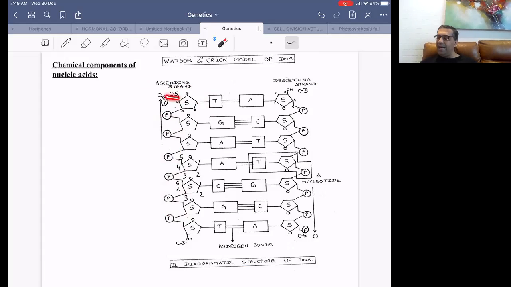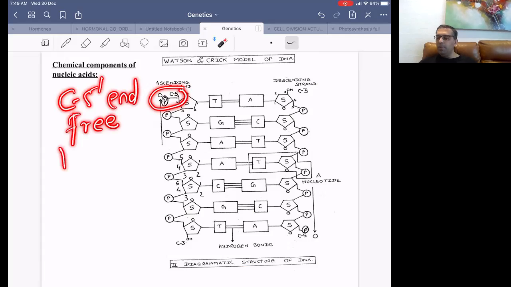That phosphate is attached to the fifth carbon, hence this end is called the C5 end. The C5 end has a free phosphate group.